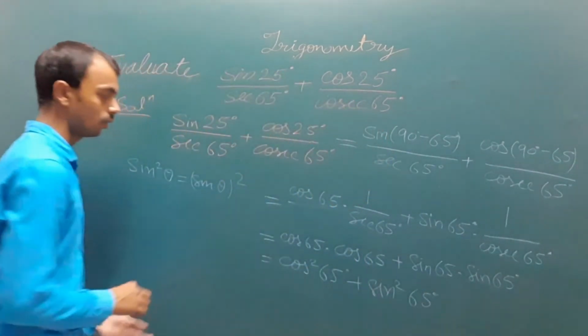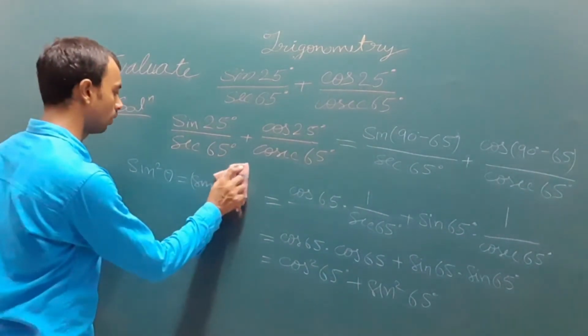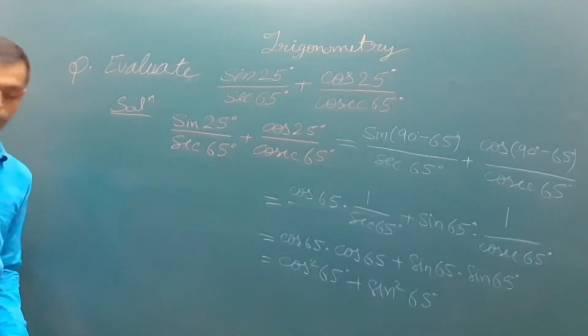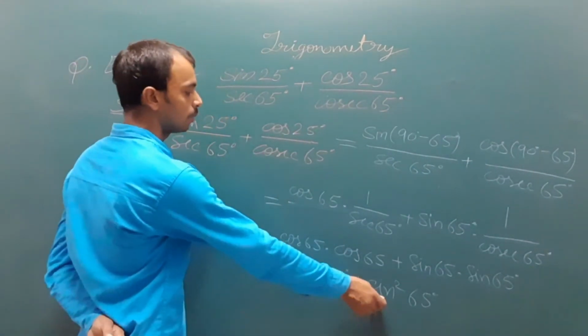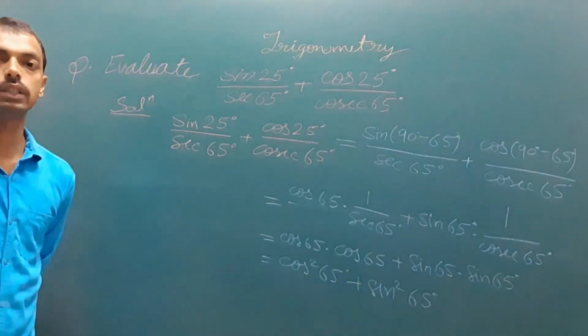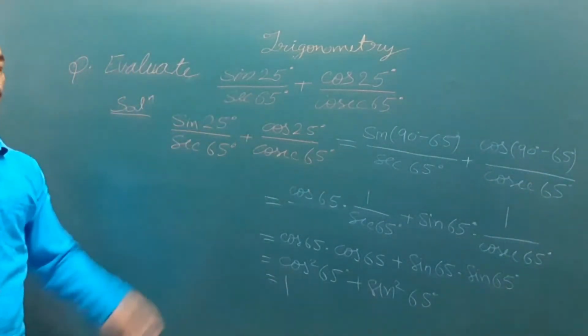The value of theta is the same in both terms, with cos and with sine. So cos square theta plus sine square theta is equal to 1. So the value will be 1.